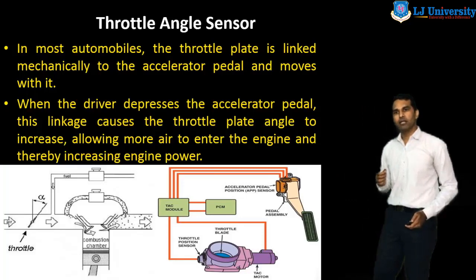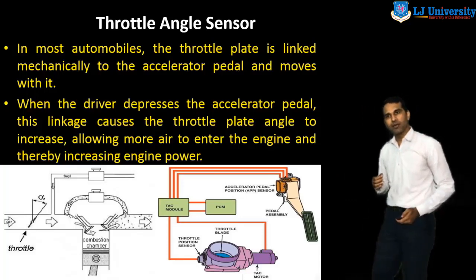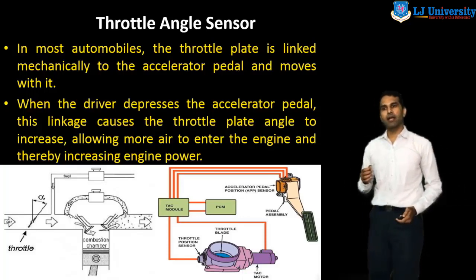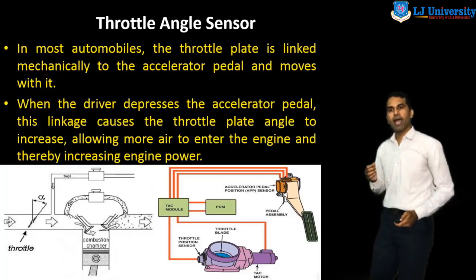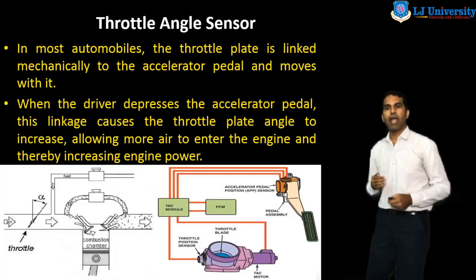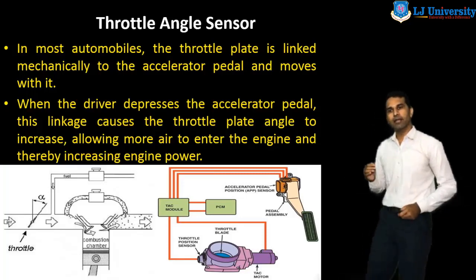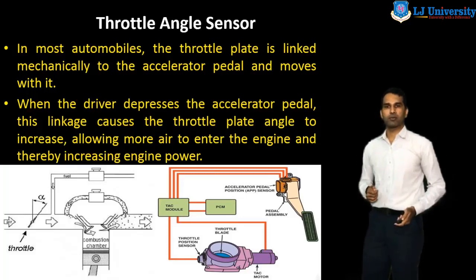When the driver depresses the accelerator pedal, this linkage causes the throttle plate angle to increase, allowing more air to enter the engine, and thereby increasing engine power.